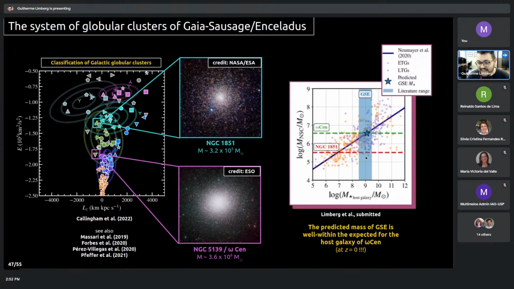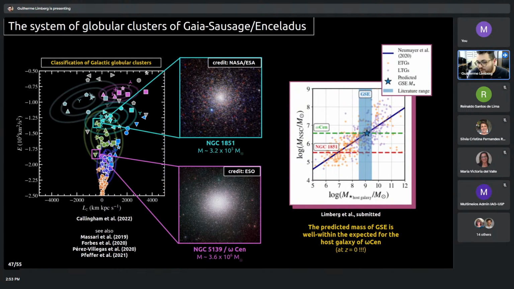On the other hand, the mass expected for NGC 1851, if this globular cluster truly is a nuclear star cluster, the mass predicted for its host galaxy is 100 times less massive than what we expect to be the mass of Gaia-Sausage. So following this line of argument, we envision Omega Centauri as a much stronger candidate for the nuclear star cluster of Gaia-Sausage.